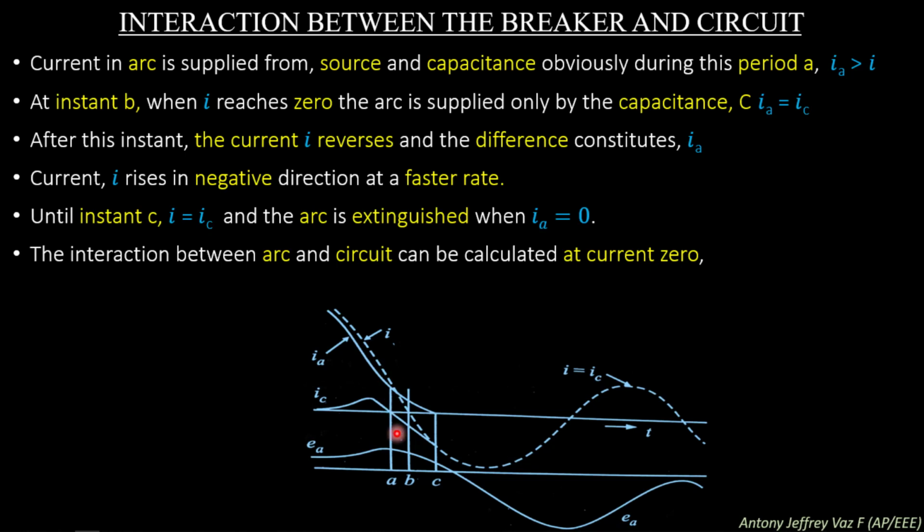So the calculations can be made at current 0 using the current flowing in the alternator, the arc current, and the transient current IC.